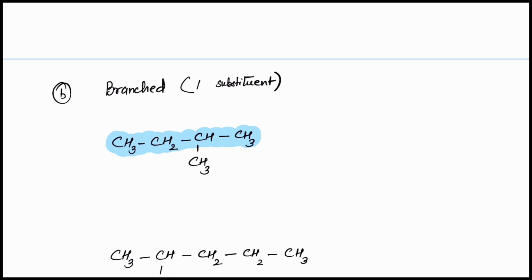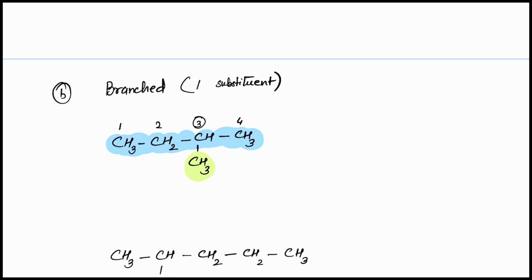So now the other alkyl group that is attached to this chain becomes the substituent. So this is our substituent. Now when writing the name of this alkane, we will first number the parent chain. If you number from left to right, we have 4 carbon atoms, and the substituent is present at carbon atom number 3.